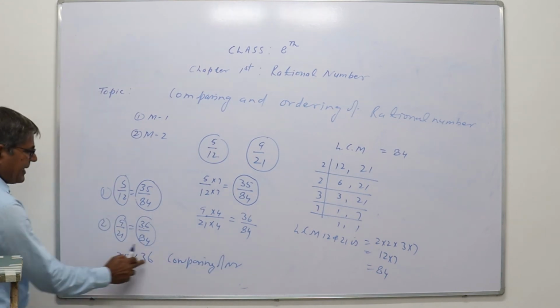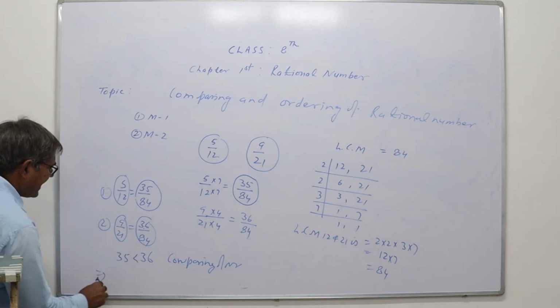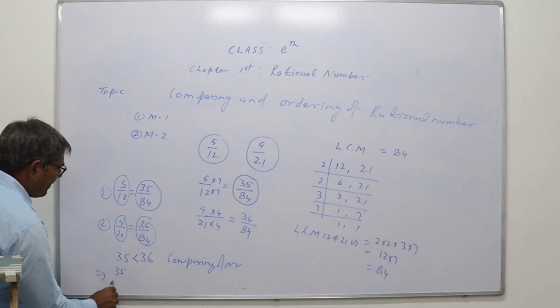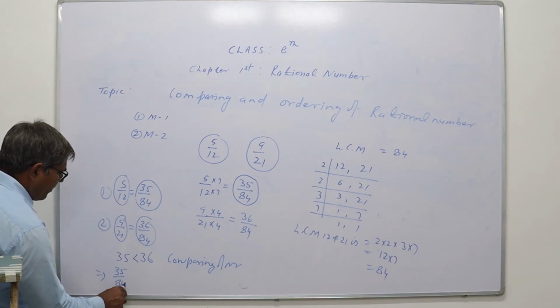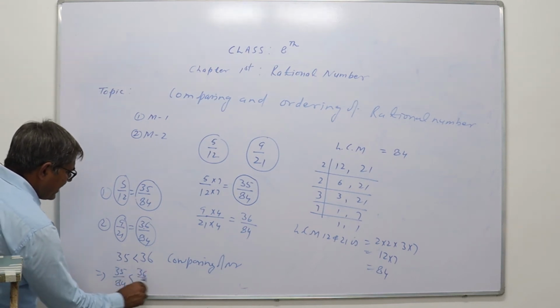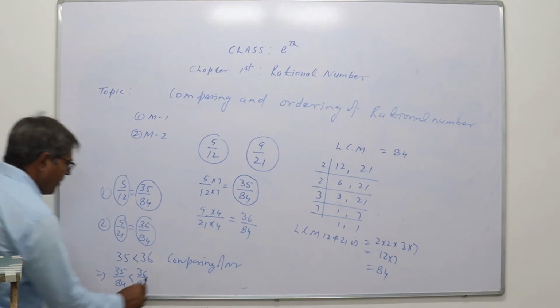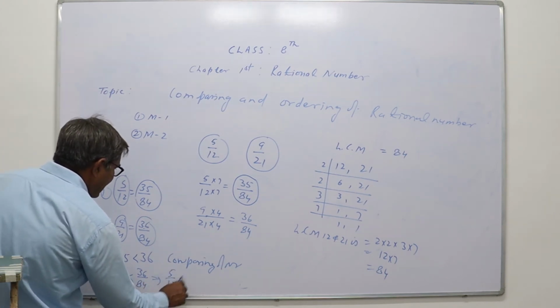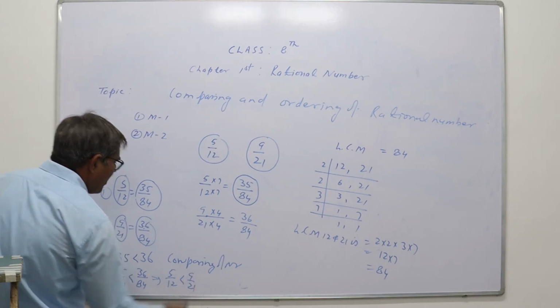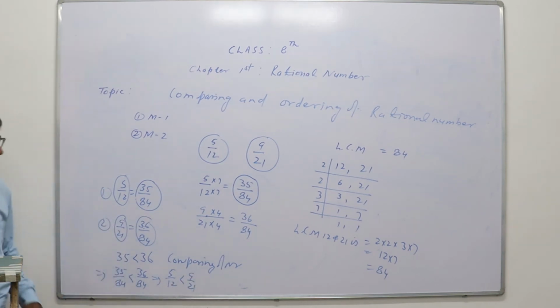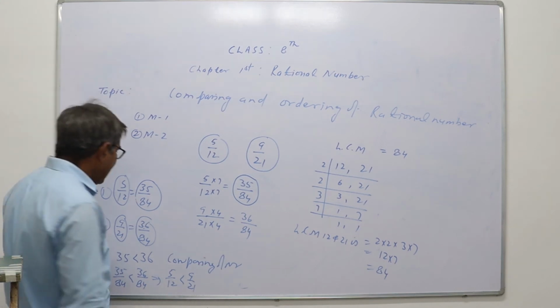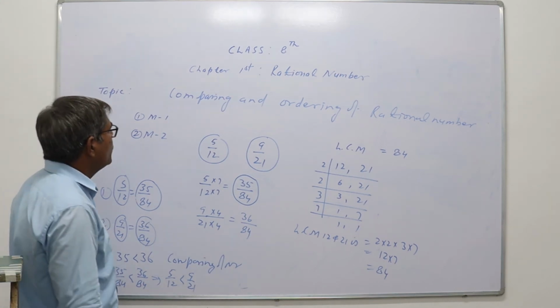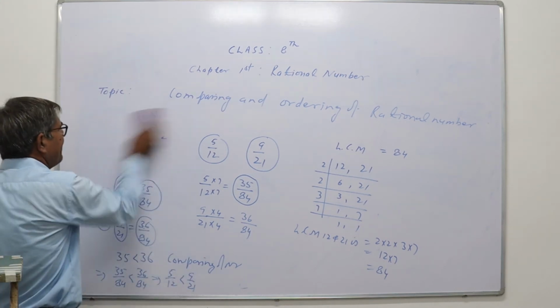So 35 is less than 36 implies that 35 upon 84 is less than 36 upon 84, which implies that 5 upon 12 is less than 9 upon 21. In this way, we can compare the two given rational numbers.